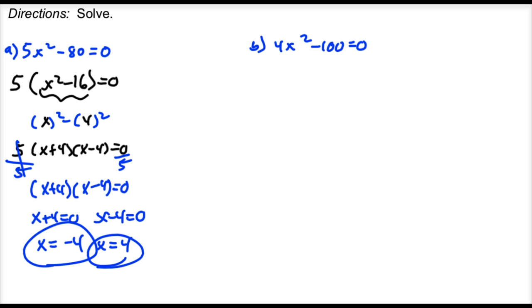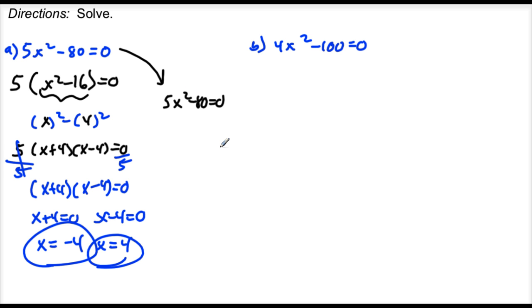Now, there's another approach that I think is a little more effective, but you can make that judgment yourself. If I take the same problem, 5x squared minus 80 equals 0, notice we only have a single variable term, with no x term, so we can do this.